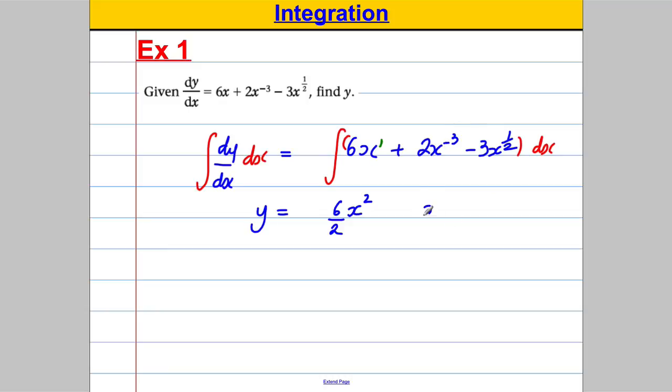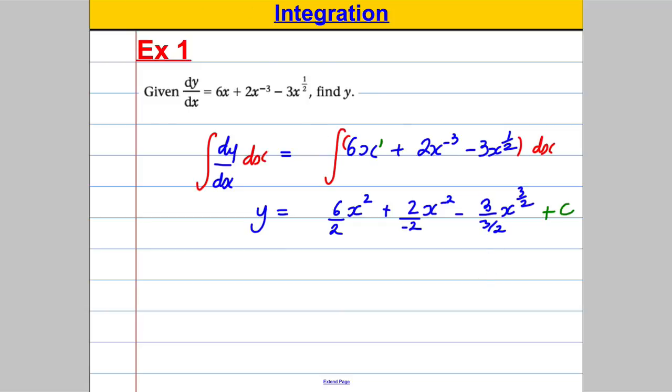So I'm going to have x to the negative 2, and I'm dividing by that negative 2. So plus 2 divided by negative 2. And I'm going to keep that negative where it is, add 1 to this power, I get 3 over 2, so x to the 3 over 2, and divide the 3 by 3 over 2. Don't forget, I get my constant of integration, which I must write in.